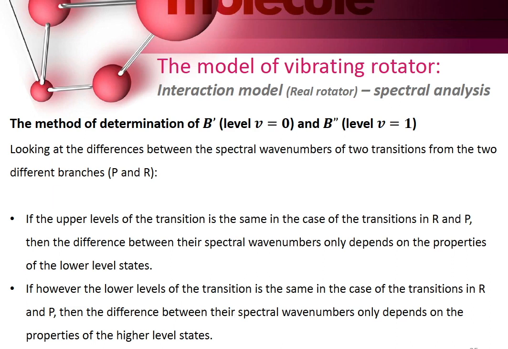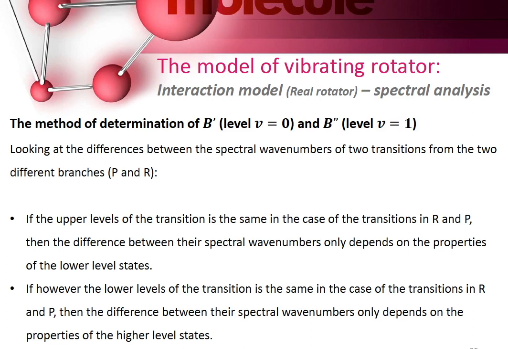And since we have these rules of delta J equal -1 and delta J equal +1, there will be cases where on the side of the rich band there's a transition starting from a certain level of rotational energy, and on the left side, which is the poor band, there should also be another transition that starts from the same level of energy in V0.